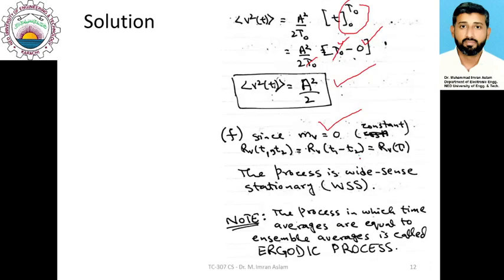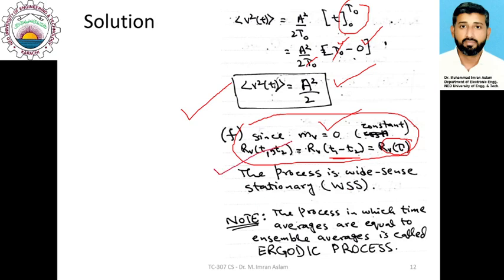So you can see that the autocorrelation is a function of this t1 minus t2 or tau, and these two are the properties that we need to identify for the wide sense stationary process. So this random process which was given in the problem actually satisfies both the properties of a wide sense stationary process.